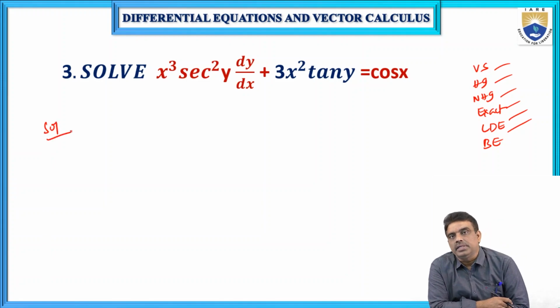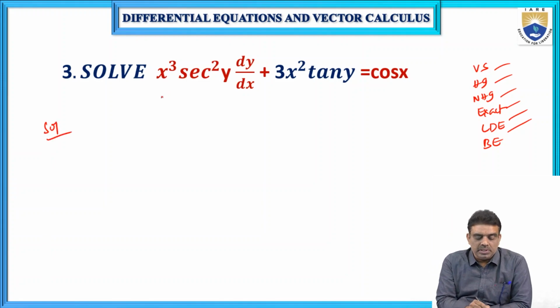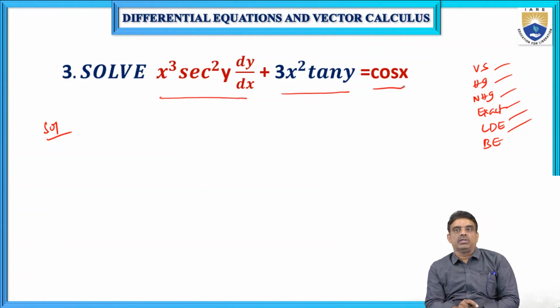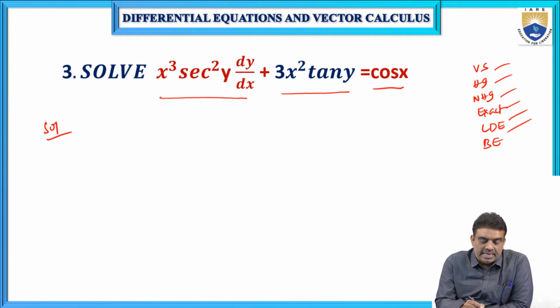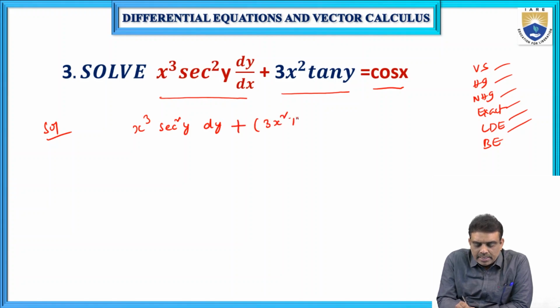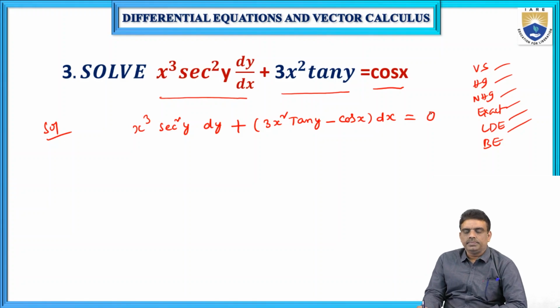Solve the differential equation x cube sec square y dy by dx plus 3x square tan y is equal to cos x. This also we can solve using the exact equation method. First write it in the form M dx plus N dy. I am writing the given equation as x cube sec square y dy plus (3x square tan y minus cos x) dx is equal to 0.